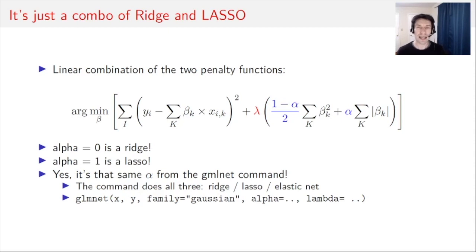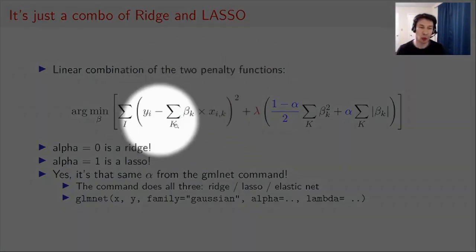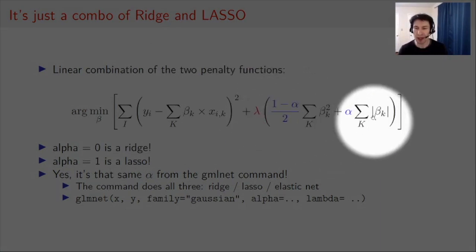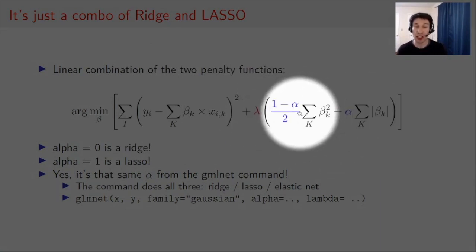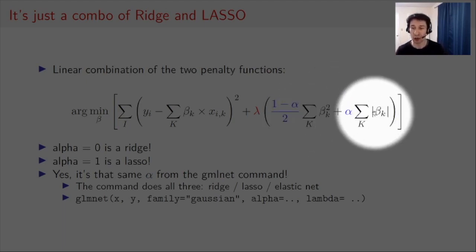So there's a third methodology that is used for regularization, and that is called elastic net. Well, what is elastic net? It's very easy. It's simply a combination of ridge and lasso. So look at this cost function. You still have the sum of squares from the OLS. You still have a lambda parameter, and then you have something big here. What is this? It is just a linear combination of the two penalty functions, the one from ridge and the one from lasso.